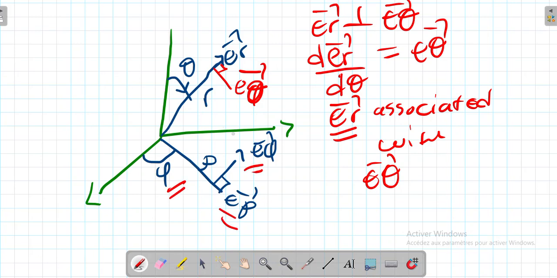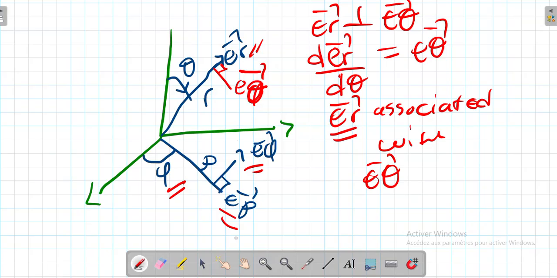Then in the same reasoning, we're going to find the derivative of e r with respect to theta to find e theta. With that you are going to have e rho, e phi, e r and e theta.